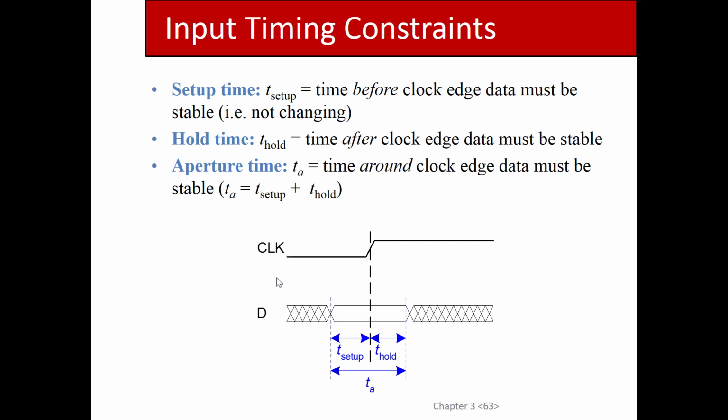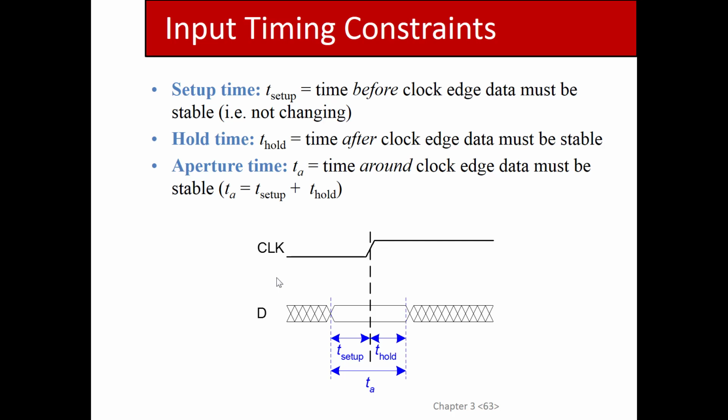Now together, these two values are referred to as the aperture. It's the window of time where the register or flip-flop has to see a stable input. If it doesn't, it still works, but it goes into a state called metastability, which we'll talk about in a minute.